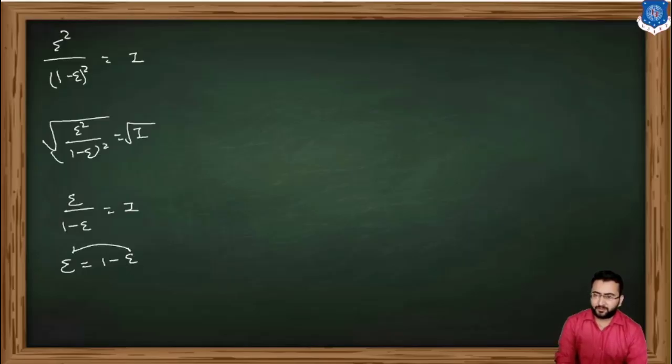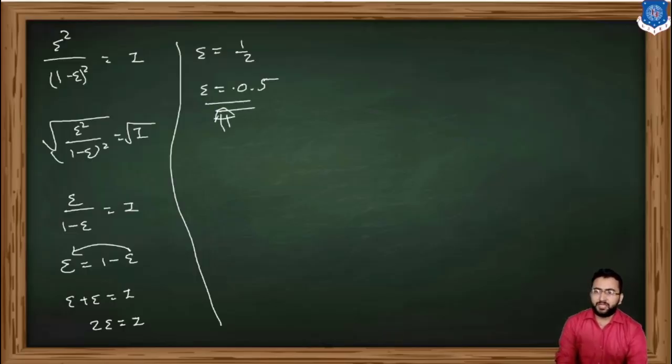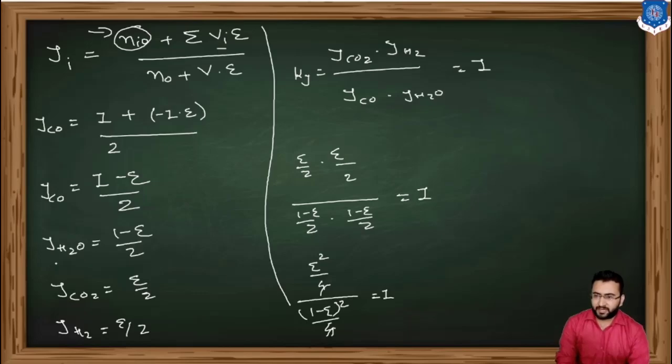So taking this epsilon to this side, it becomes epsilon plus epsilon is equal to 1. So 2 epsilon is equal to 1. Okay. So epsilon is equal to 1 by 2, which becomes 0.5. So this is the value of epsilon. Now putting this value of epsilon in H2O, we will get the mole fraction of steam.